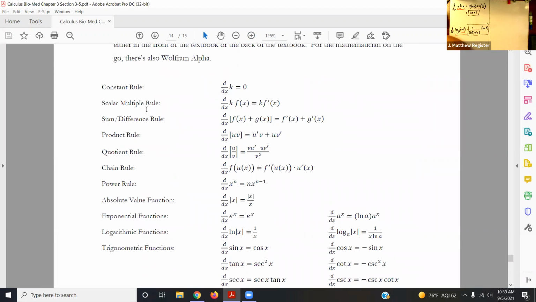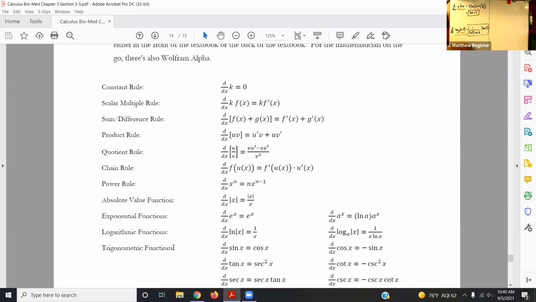And so the constant, scalar, sum and difference, product, quotient, chain, power, the exponential functions, the logarithmic functions, and the trigonometric functions. Knowing those will get you very, very far. And as far as this course is concerned, that should be sufficient to understand all of the derivative problems that you'll be seeing in the homework.